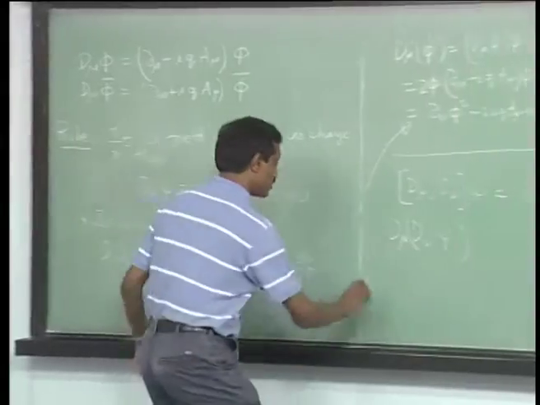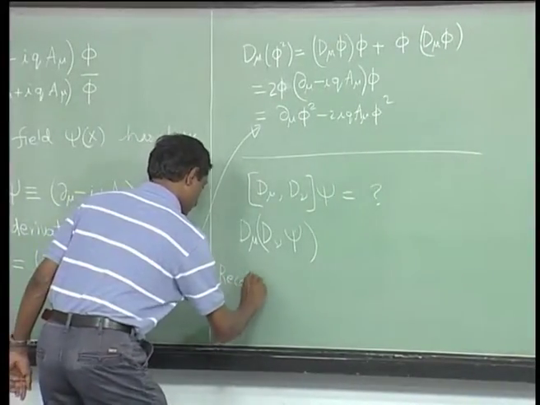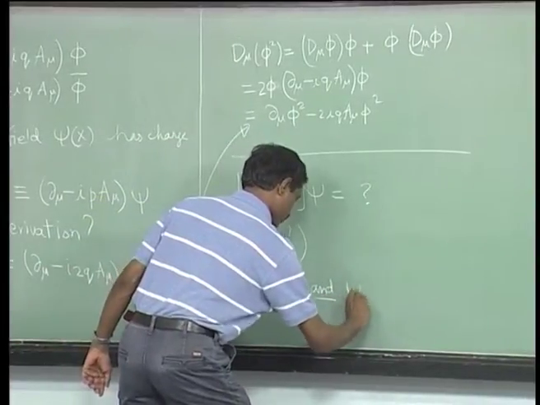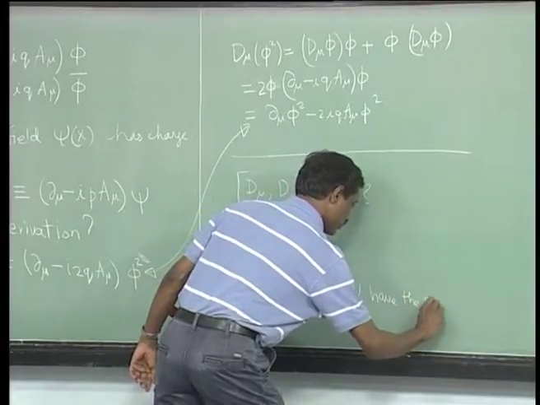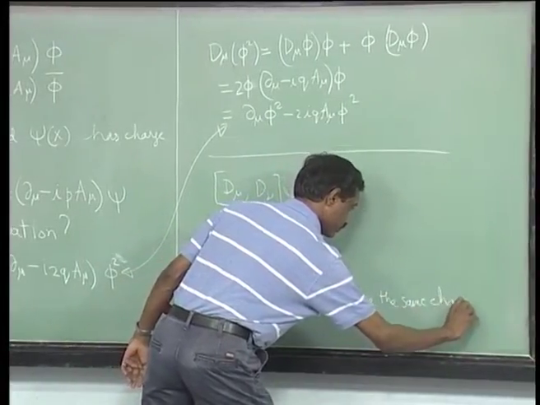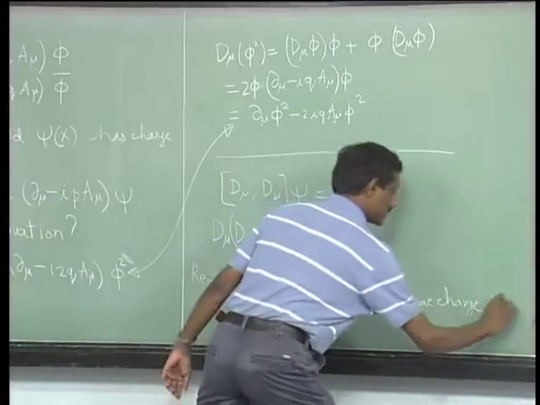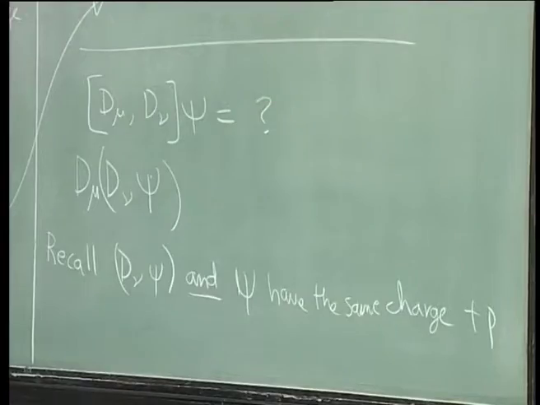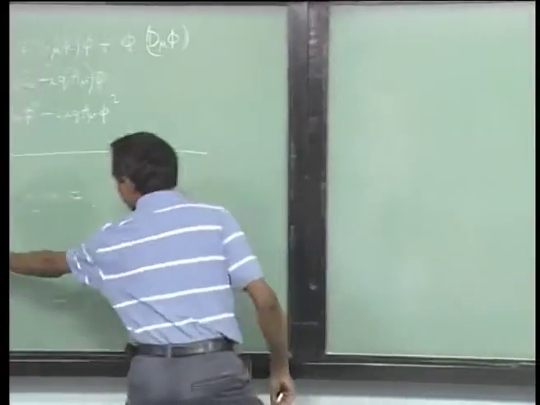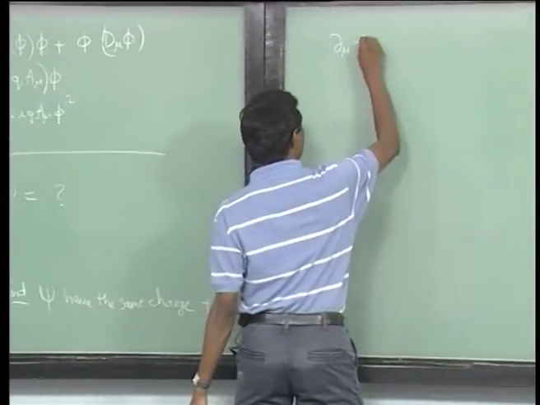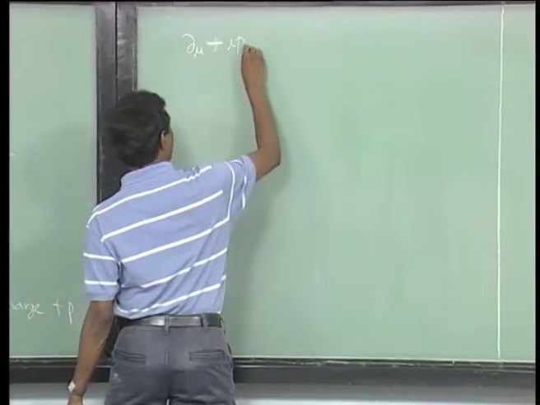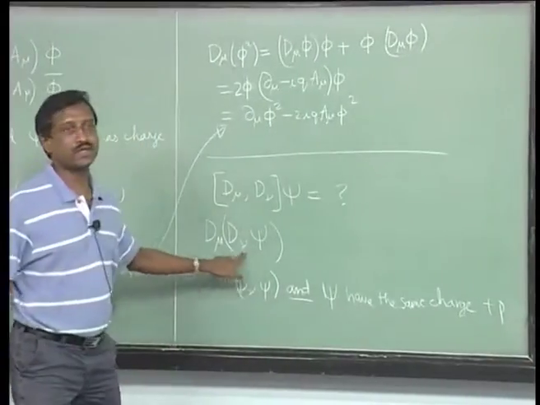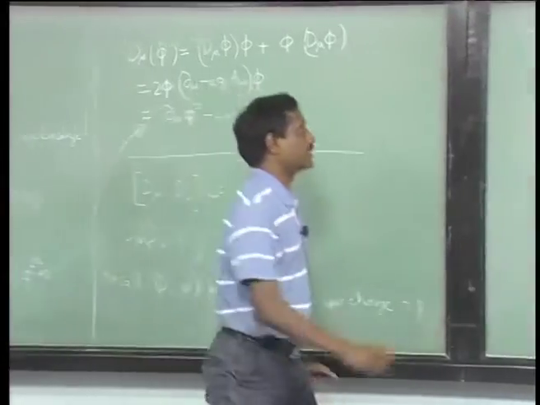So, we need to remember that if psi has charge p, then it has charge plus p. Let us write out what we would write here. We would write D mu minus i p A mu acting on D nu of psi, which again we know what it is, acting on something which has charge p.